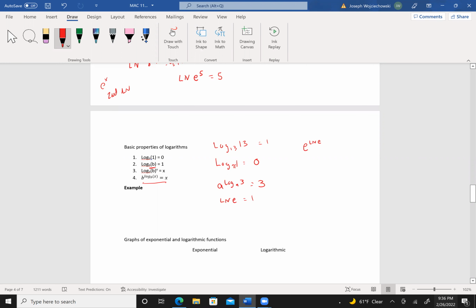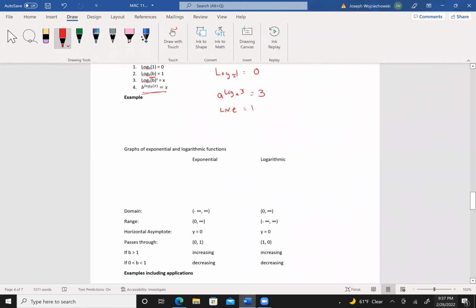So second, ln, e to the natural log of 6, and we hit ln again, 6, close the parentheses, enter, and we should get 6, which would be this right here, right? So again, natural log and common log we can do on our calculator.